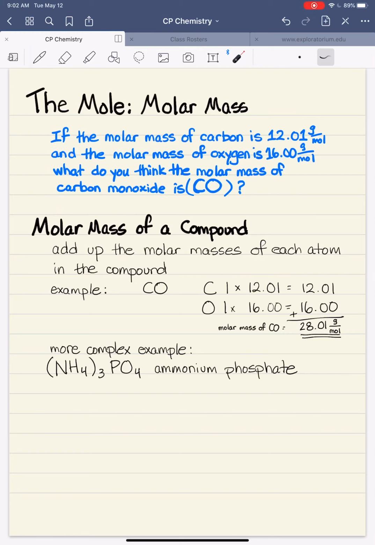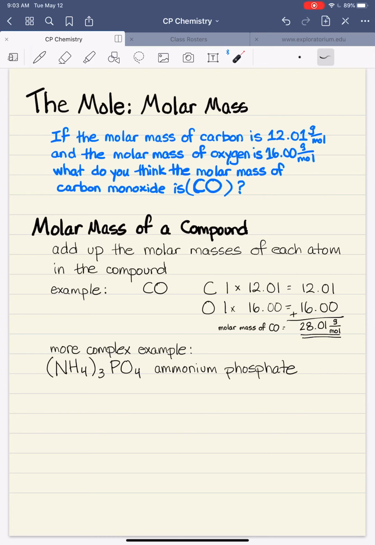It has a molar mass of 16 grams per mole. 1 times 16 is 16. Then all I have to do is add these down, and I get a total of 28.01 grams per mole. The molar mass of carbon monoxide is 28.01 grams per mole.